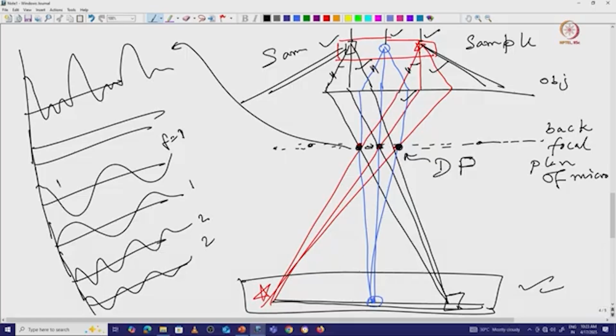Also, the amplitude will be changing: A1, B1, A2, B2 and so on. Now, when we understand those things, we convert those sine waves to their amplitude squared, and we plot that on our x axis.